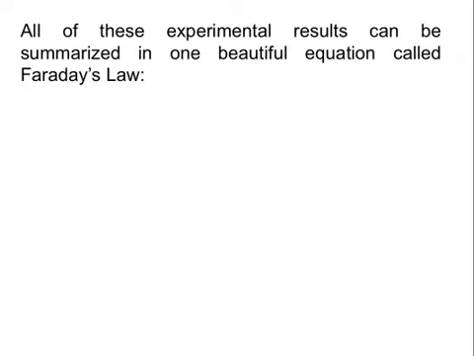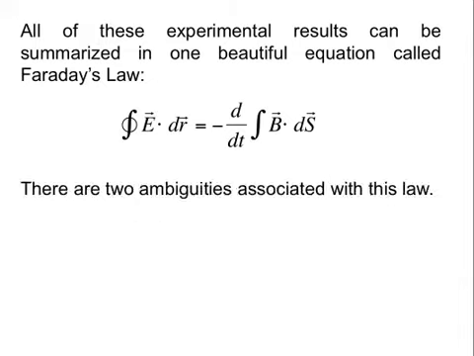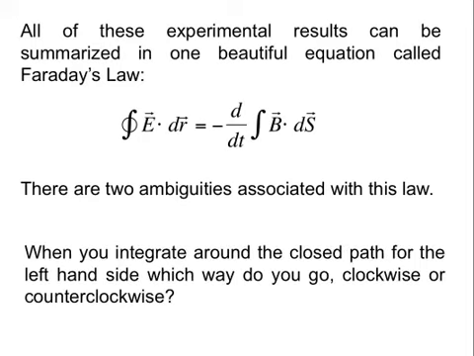All of these experimental results can be summarized in one beautiful equation called Faraday's law. The integral of E dot dr around a closed path is equal to the negative time derivative of the magnetic flux through the path. There are two ambiguities associated with this law.